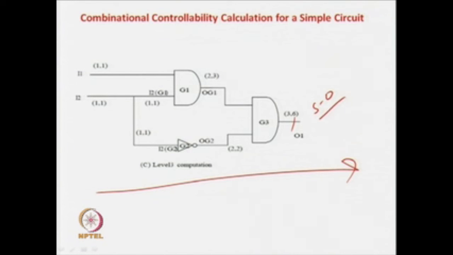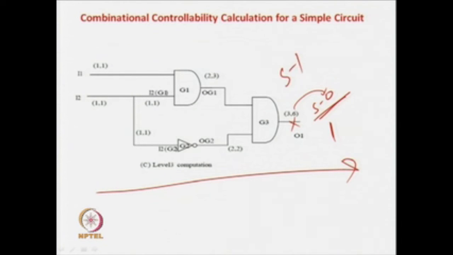Now, you can easily analyze some facts. For example, to test a stuck-at 0 fault here, we have to apply a 1 over here. The combinational controllability of applying a 1 here is 6, correct. And for observing this line, because we are taking a stuck-at 0 fault, observation of this line does not matter, because it is the same for both stuck-at 0 and stuck-at 1, as you can directly observe this.